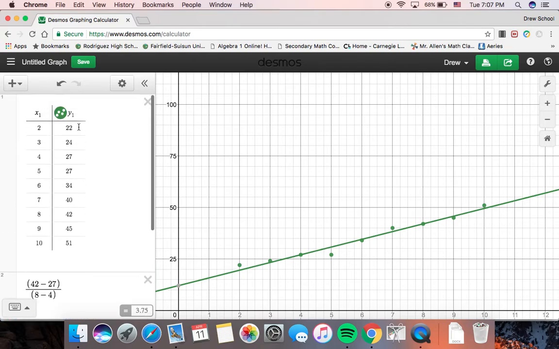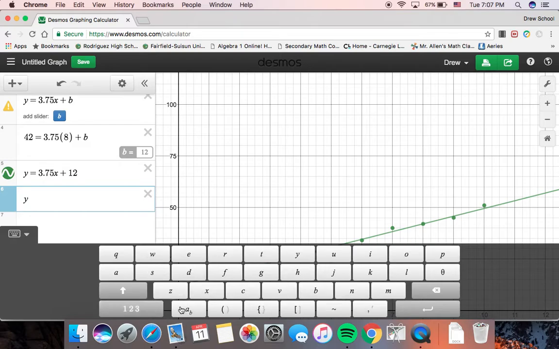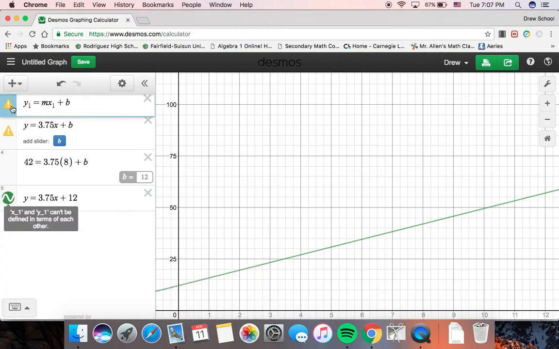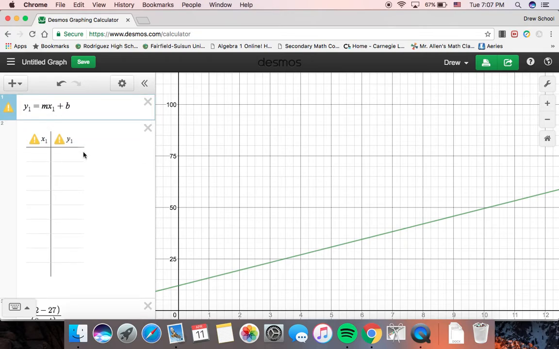Now, one thing Desmos can do is, Desmos is pretty sweet in that we can find the line of best fit easily. So I'm going to type in y1 tilde m x1 plus b, and I'm going to put this above our table.